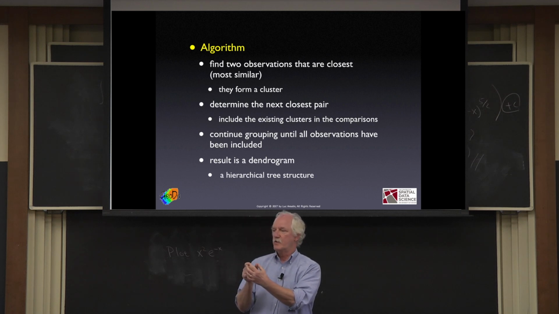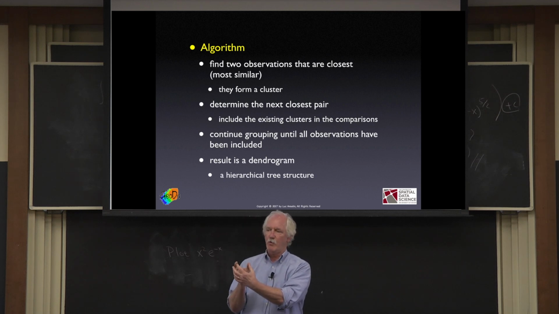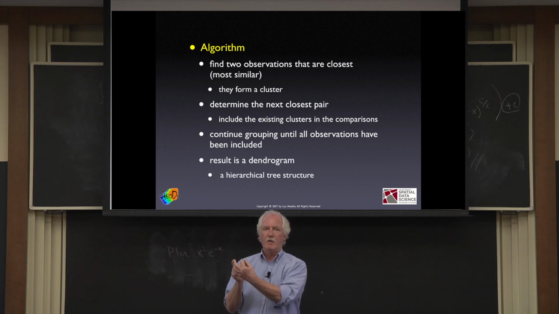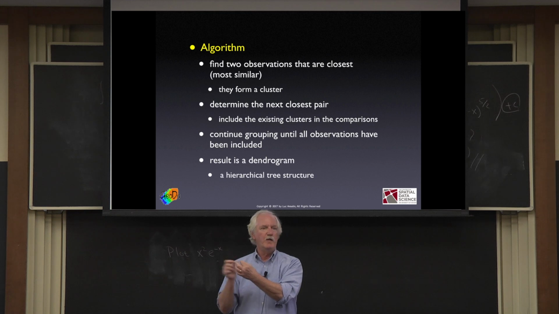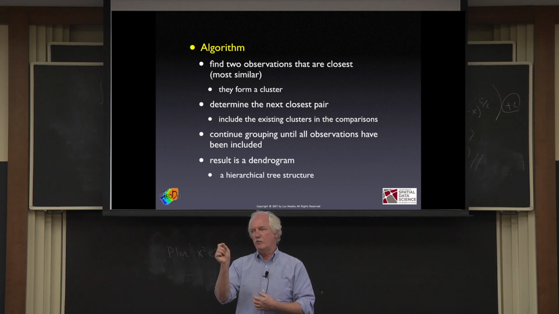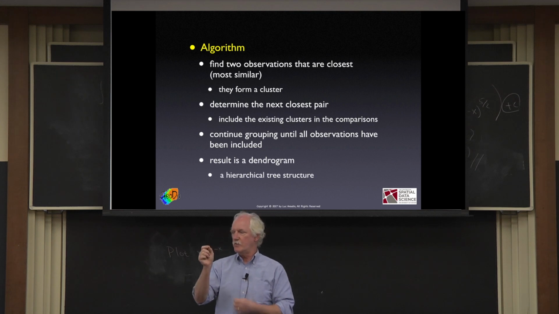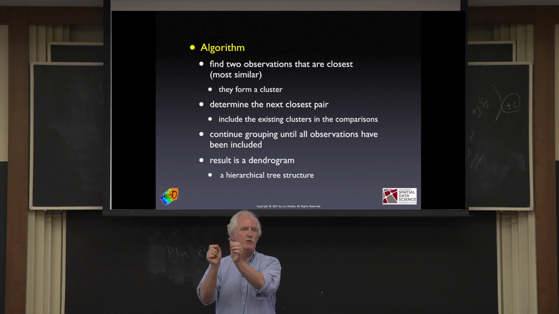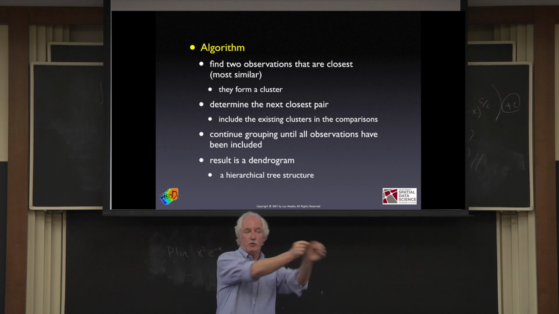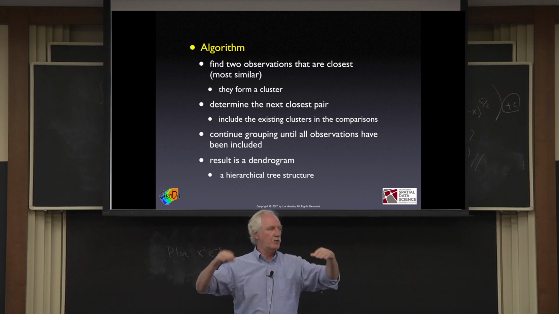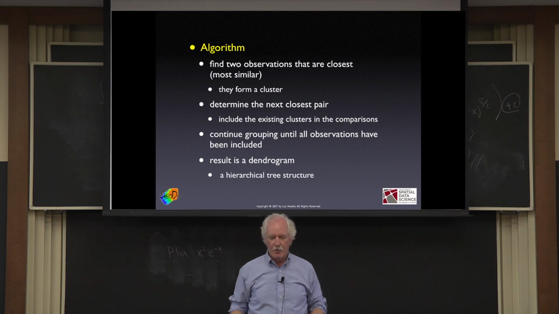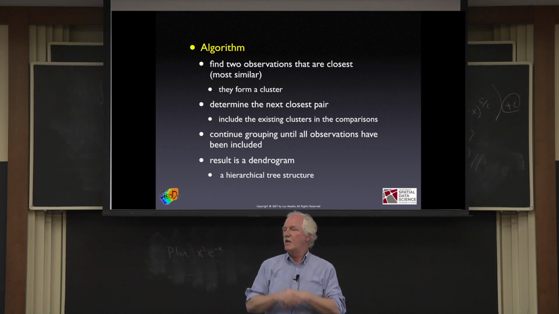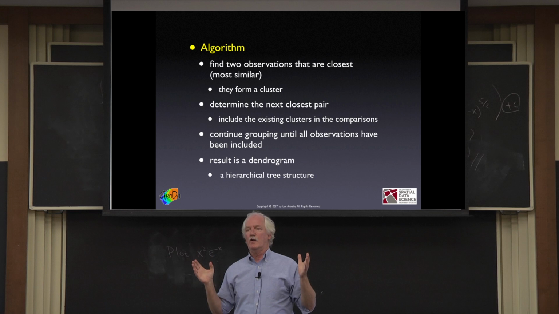Rather than each being their own point, they are now represented by some common point, because they are treated as if they were one observation instead of 2 separate observations. Given that you figure out how to do that, and again there are multiple ways, you find the next closest and put them together. And so you climb up the tree by putting everything together until everything is one cluster.